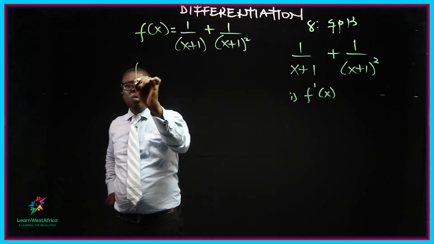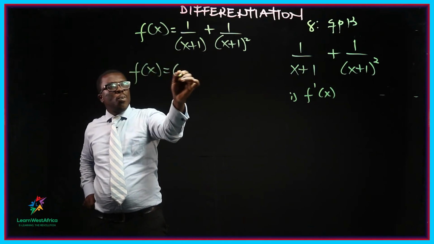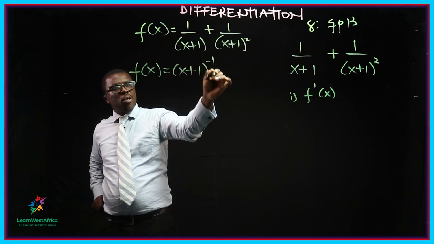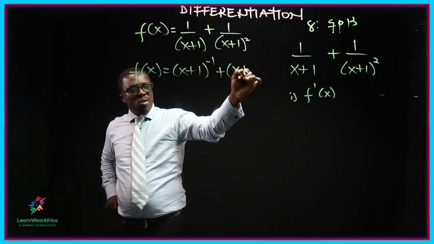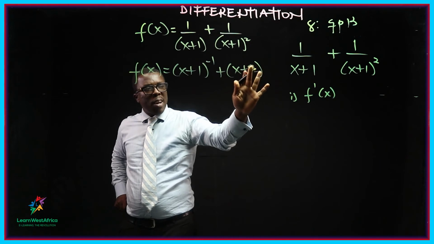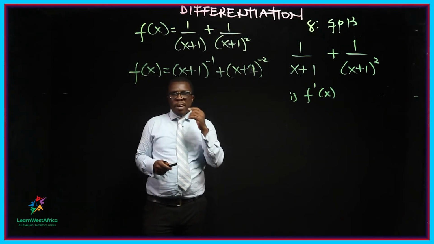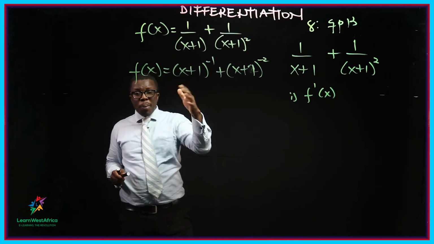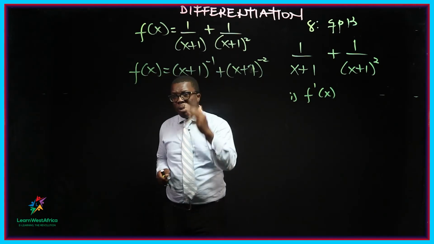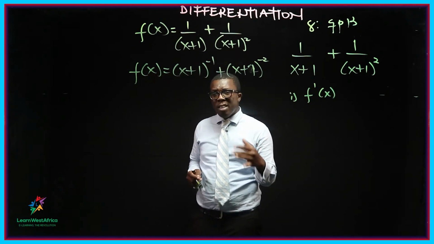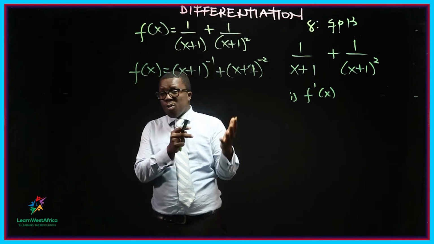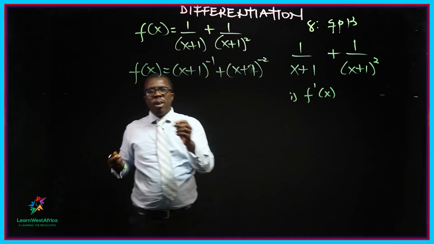Okay, so we can just rewrite this f of x to be x plus 1 to the power of minus 1 plus x plus 1 to the power of minus 2. All right, so now let's find the first derivative. We just apply the basic understanding, what we know about composite functions, how to use the composite rule to differentiate functions. So let's just go straight.